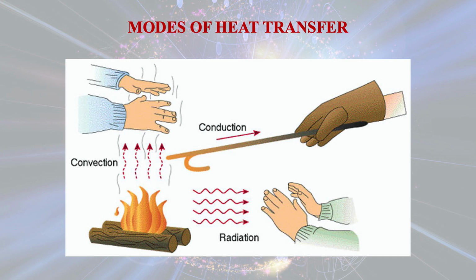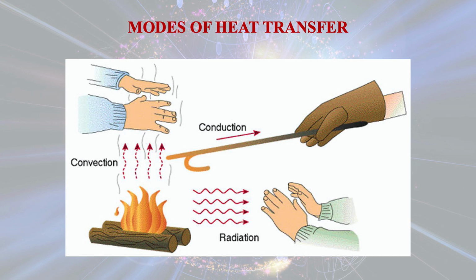He will feel the sensation of heat because there is heat transfer. But if you concentrate on this picture, you will find the person is also wearing gloves. Why are gloves required? Because gloves are made of insulating material, so he can easily hold the heated rod.